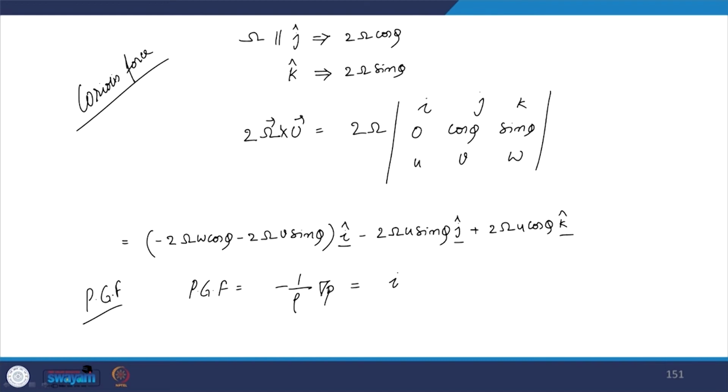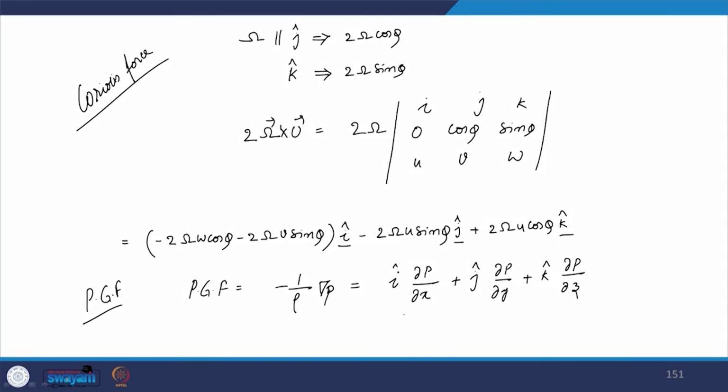So, for unit mass I can write i times dou P by dou x plus j times dou P by dou y plus k cap dou P by dou z. It is not a divergence, it is a gradient term, right. So, it is a simple vector of dou P by dou x, dou P by dou y, and dou P by dou z. So, we have the PGF and we have the Coriolis force.